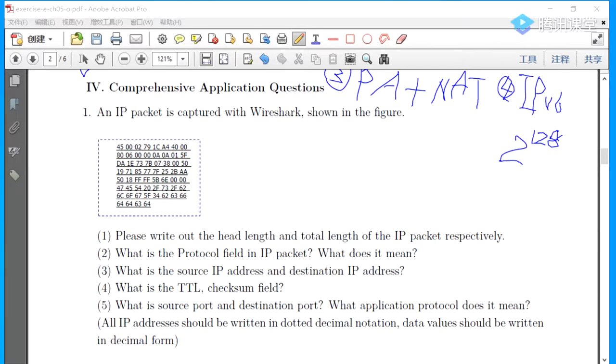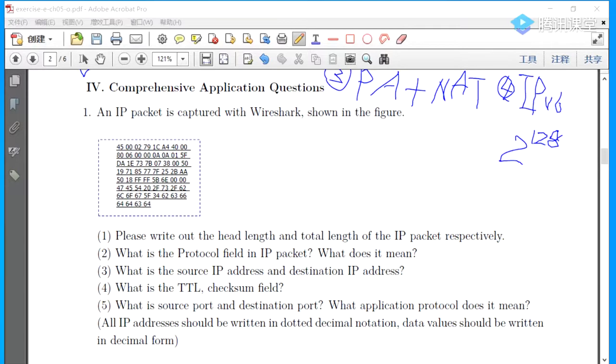calculate the Wireshark and analysis questions. An IP packet is captured with Wireshark, just as the experiment we have done in experiment 1.